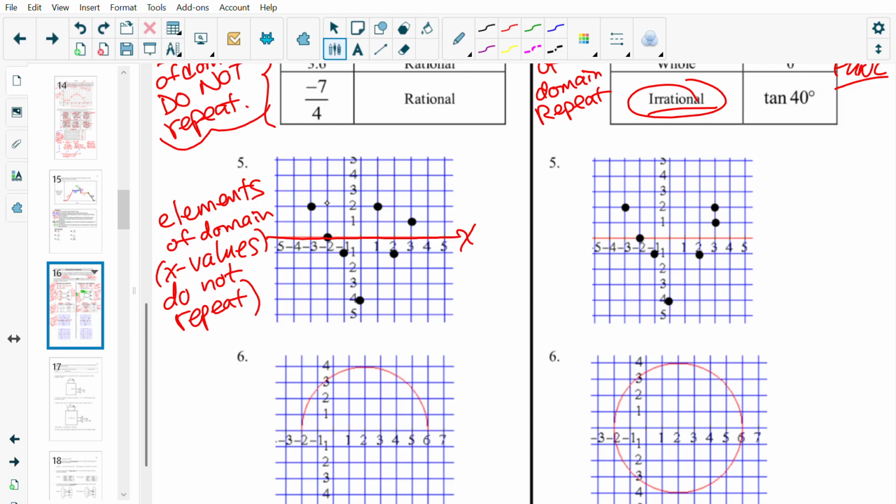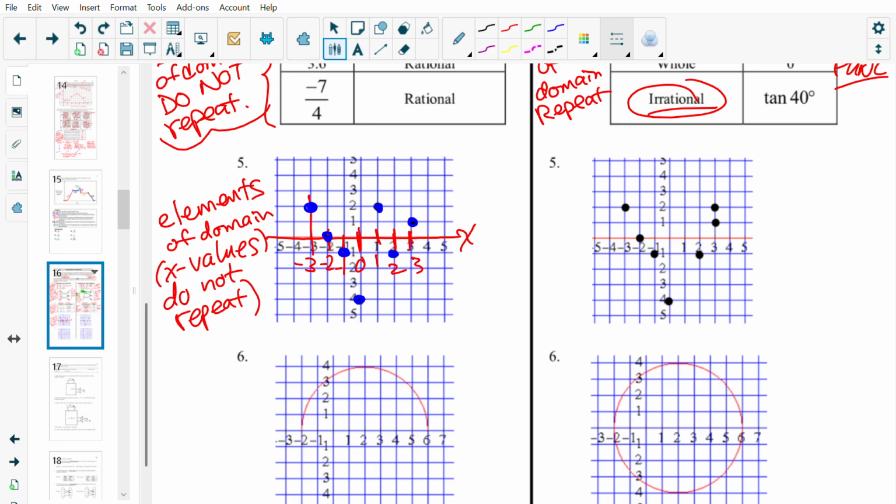Is that true? Well, that's -3, -2, -1. This is 0, this is 1, this is 2, and this is 3. Remember, only x values. Let's look at each of these points and make ordered pairs, and you'll clearly see that x values do not repeat.